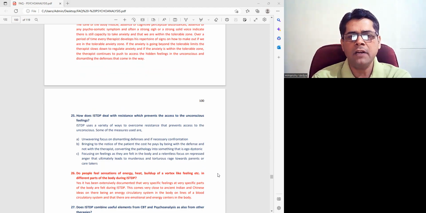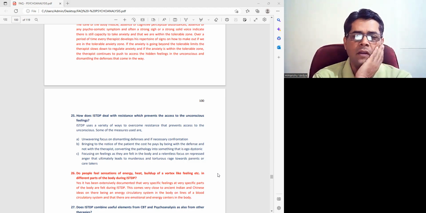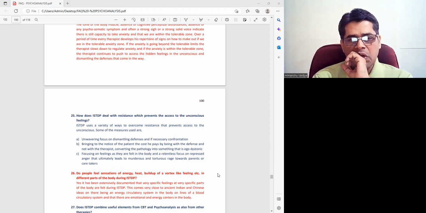25. How does ISTDP deal with resistance, which prevents access to the unconscious feeling? One is focus. Second, bringing to the notice of the person the cost that he pays by not feeling the feelings. The cost-benefit analysis of continuing with the resistance, siding with the resistance. And then trying to be in the here and now and invite feelings towards the therapist.